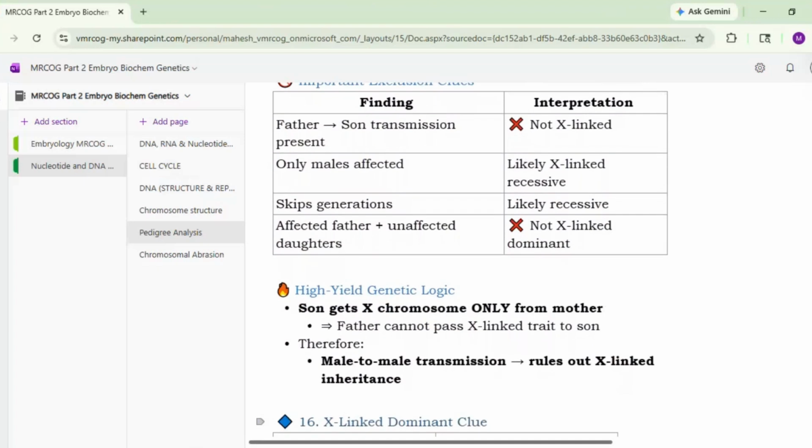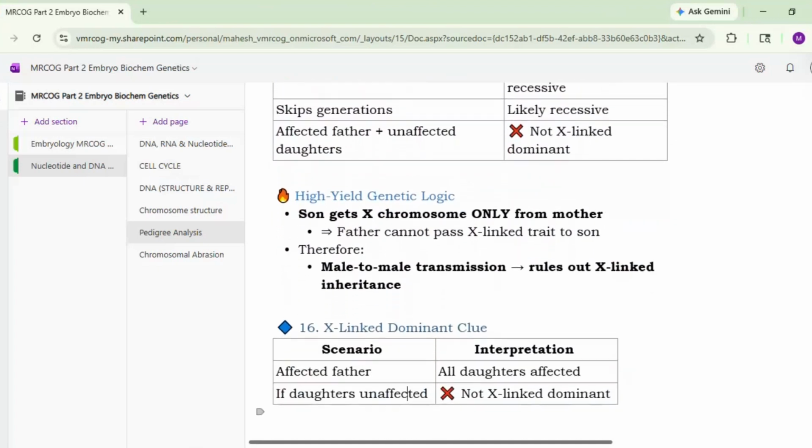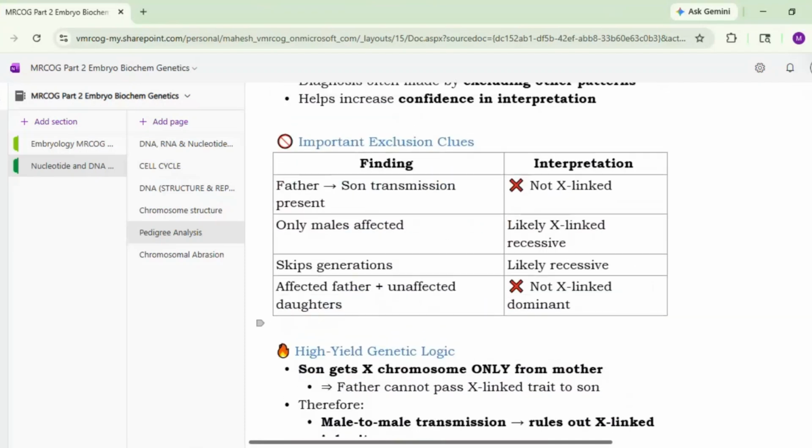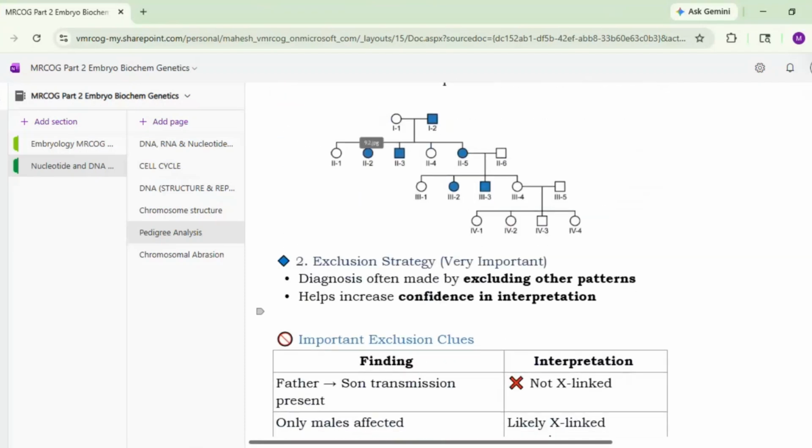Next is the X-linked dominant clue. We have just seen X-linked dominant. If the father is affected, all daughters will be affected, and if daughters are unaffected, it is not X-linked dominant. If the father is affected, all daughters are always affected.